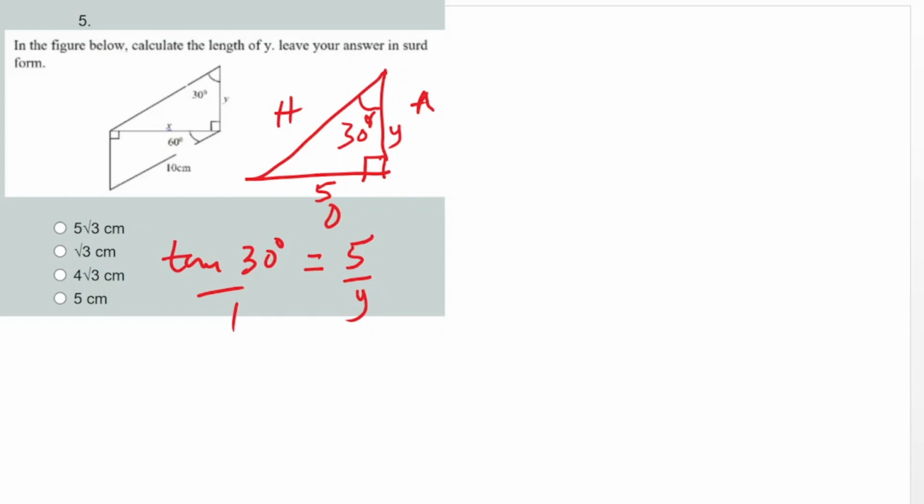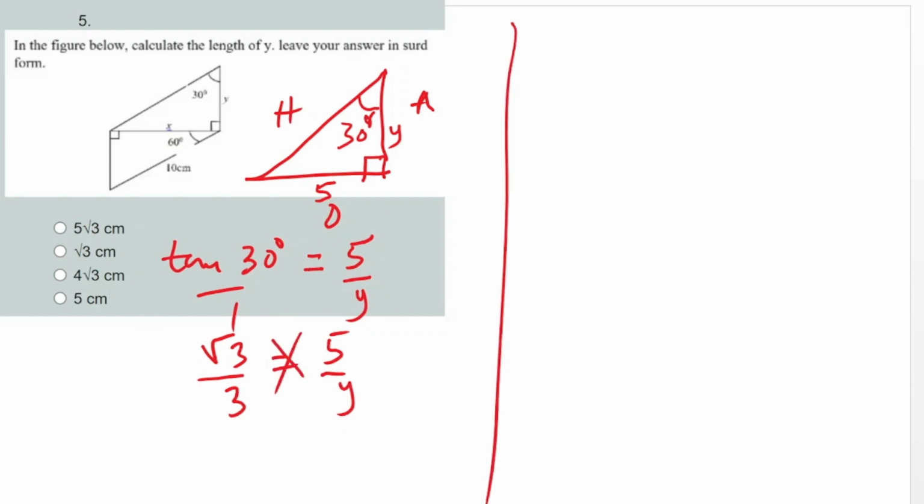From what we did, tan 30 degrees is root 3 over 3. So root 3 all over 3 equals 5 all over y. Here we can cross multiply. We're going to have y root 3 equals 15, that's 3 times 5.